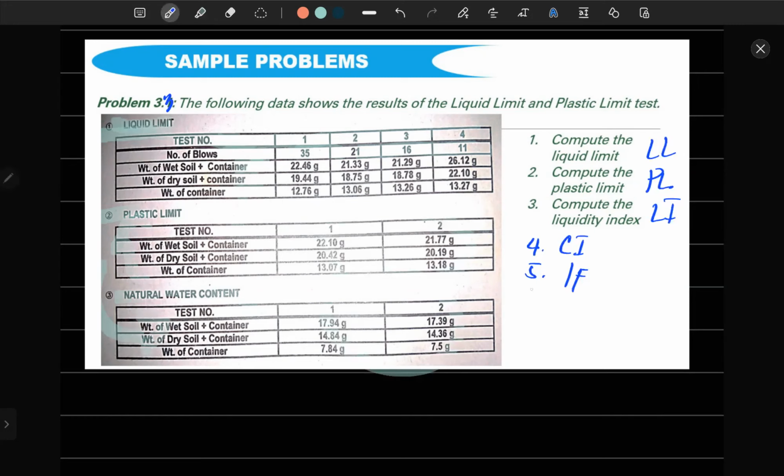And number six, the toughness index. We're going to solve for PI first, then solve for the CI, then the flow index, and add up with the toughness index. Okay, so we're going to solve first for the liquid limit.